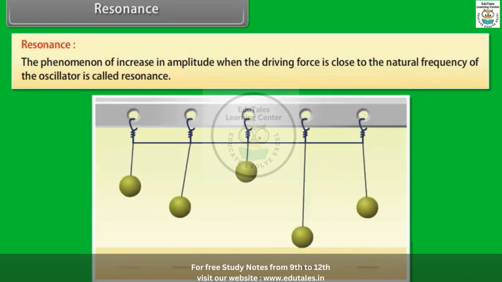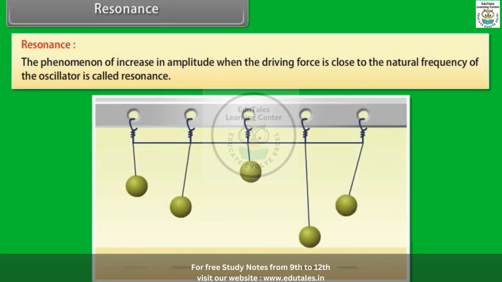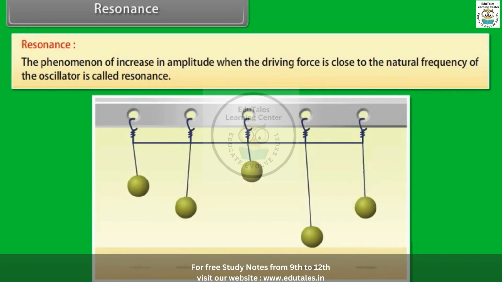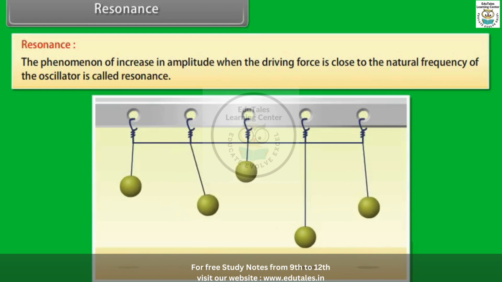The energy from this pendulum gets transferred to the other pendulums through the connecting rope and they start oscillating. The driving force is provided through the connecting rope. The frequency of this force is the frequency with which pendulum 1 oscillates.